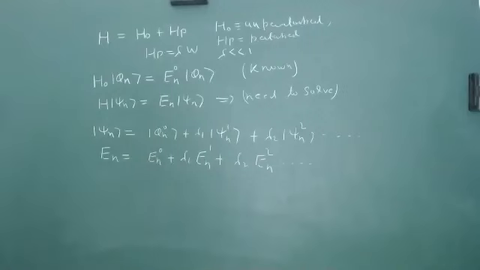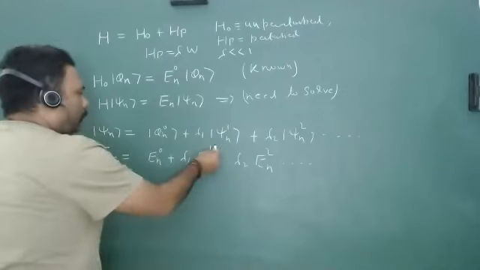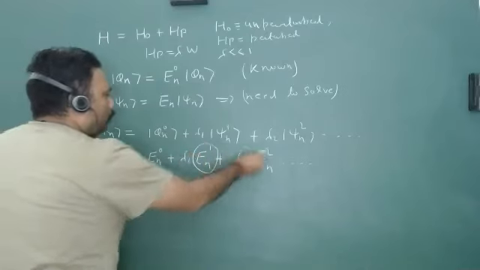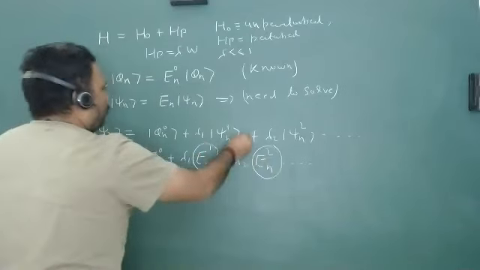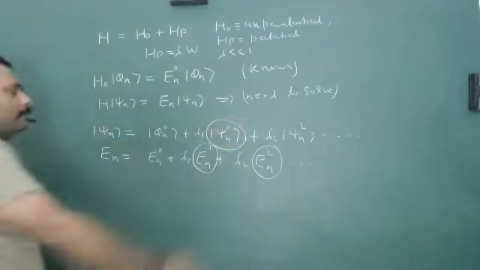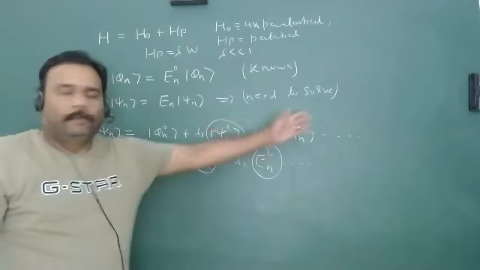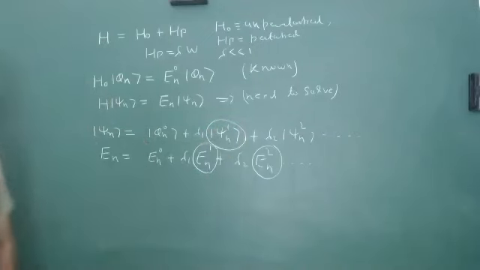What is the idea? The idea is that we have to calculate En1, En2 and psi n1. Only these three things we can calculate. Psi n2 is very complicated. This is not in your course. So we have to calculate these terms.